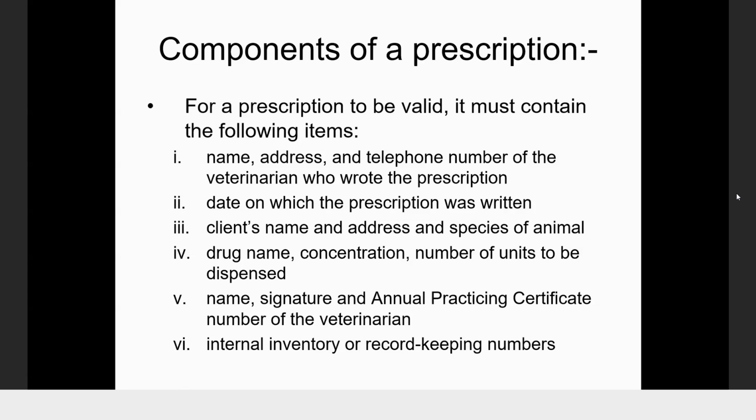Okay, components of a prescription. For a prescription to be valid, it must contain the following items. It must have the name, address, and telephone number of the veterinarian who wrote the prescription, the date on which the prescription was written, the client's name and address, the species of animal, drug name, concentration, number of units to be dispensed, name, signature, and APC number.